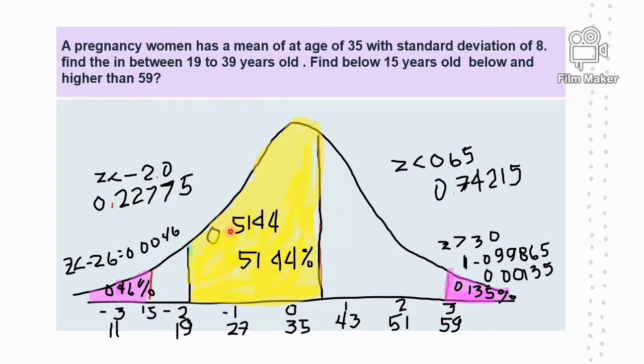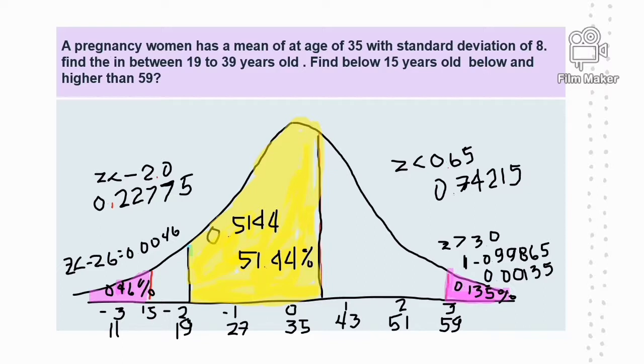The answer is 0.5144, or 51.44%. So the answer is around 0.5144, or 51.44%.